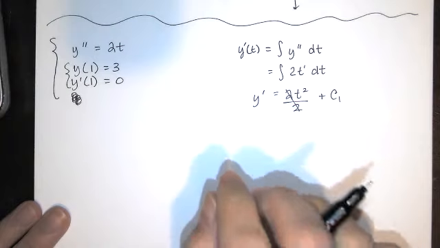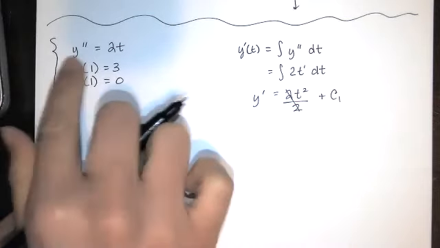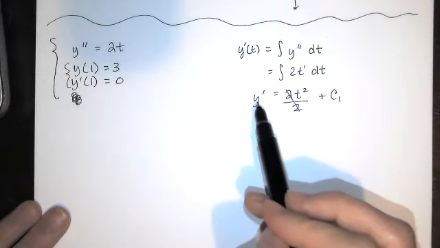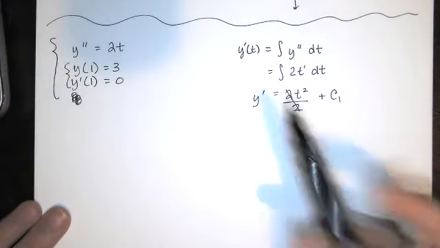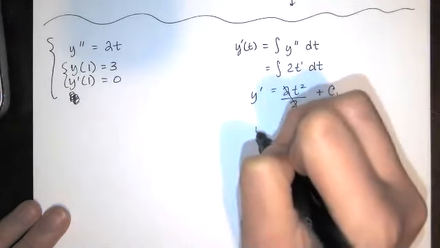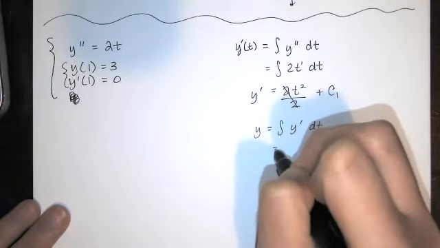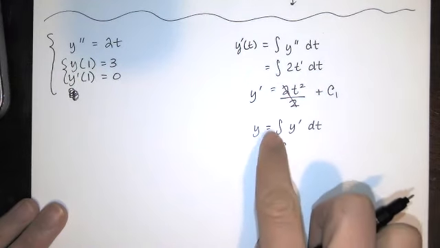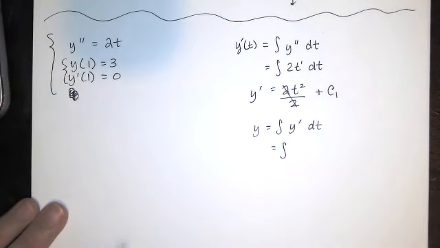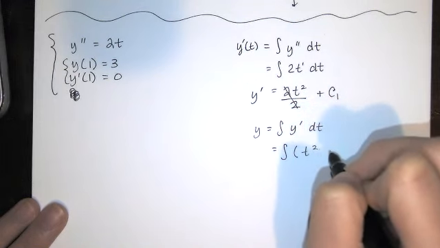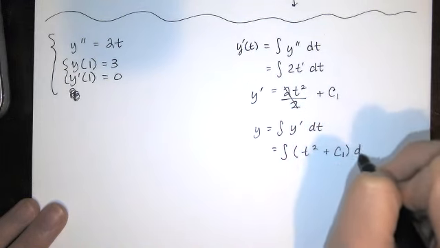I'm not trying to find y prime, I'm trying to find y that satisfies the second order differential equation and these 2 conditions. So if I'm trying to get y back and I have the derivative, I take the antiderivative again. Y is the antiderivative of y prime. It's the antiderivative of the derivative, gives you the function back. And y prime, again, is t squared plus c1 dt.